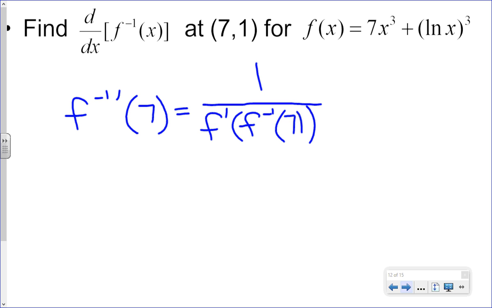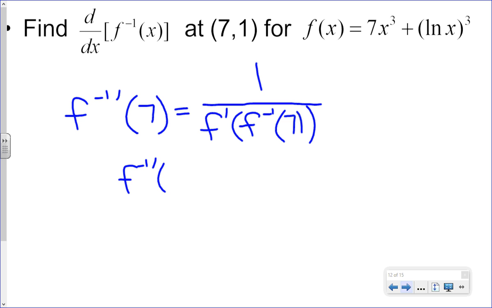Okay, so let's just talk about one thing. If 7, 1 is on our inverse, we know that 1, 7 is on our function. We don't necessarily need that piece of information, but I just want to reiterate it for problems like what we did previously. Okay? So, let's just do this step by step here.